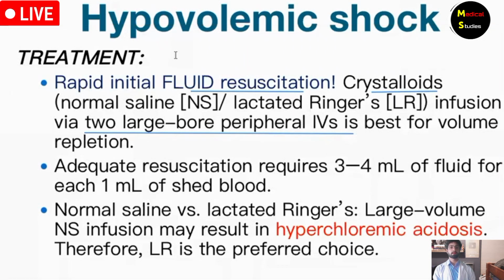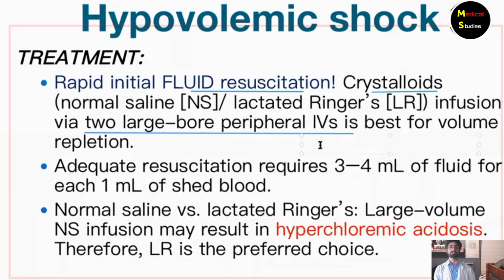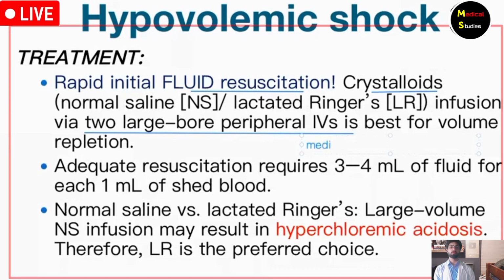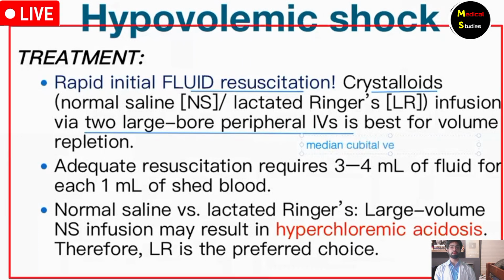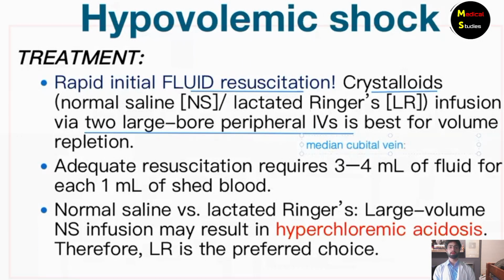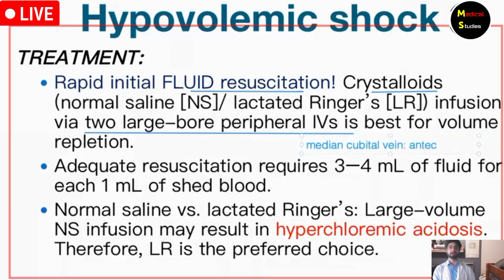We have an important vein which is called the median cubital vein, in the antecubital fossa. Got it, everyone? These are the veins very commonly used for cannulation, and in that condition we need to cannulate both sides, left as well as right, and give the fluid very fast.